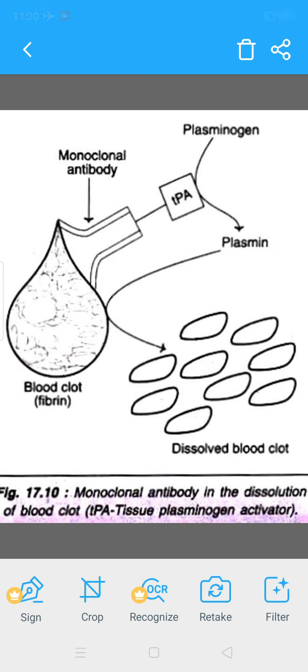The monoclonal antibody and plasminogen activator complex, due to a high affinity, gets attached to fibrin. Due to the concentration of plasminogen activator at the target spots, there is more efficient conversion of plasminogen to plasmin, which in turn dissolves the blood clot fibrin.